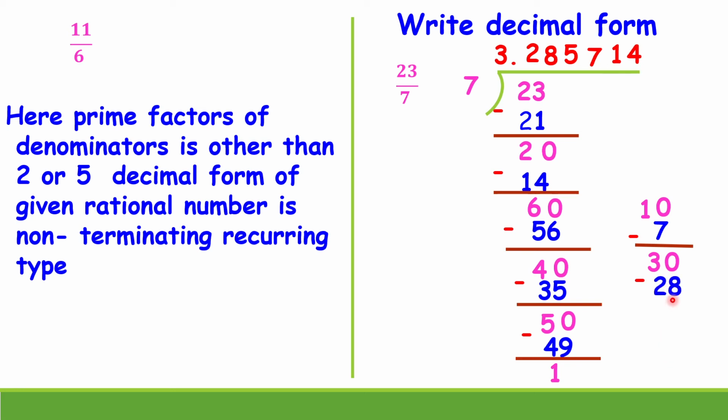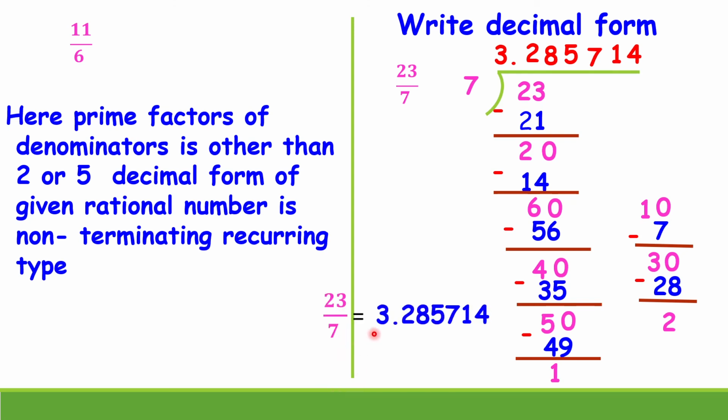Therefore, subtract this 28 from 30. How much is remaining? 2 is remaining. That means here the remainder is 2. Then again this process is repeated. That means 2 8 5 7 1 4. These numbers repeat again and the remainder is not equal to 0. That means such a division is non-terminating but recurring type.